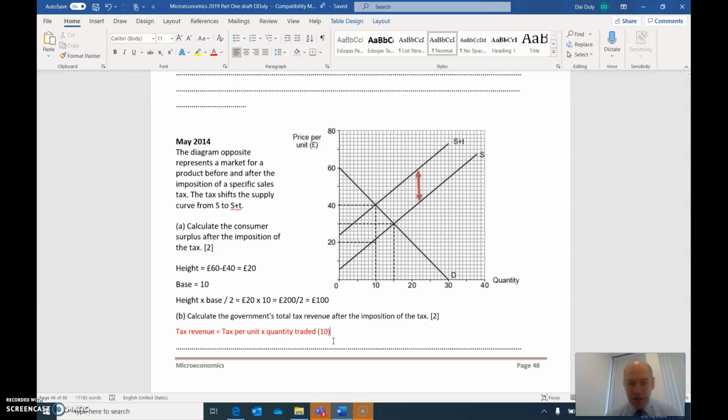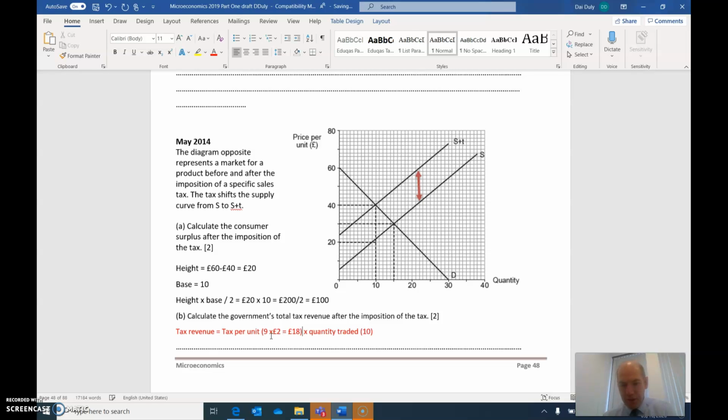How many did you find? You should find that there were 9. So in terms of what we're looking at, that means the tax per unit is going to be 9 times £2, which is equal to £18.